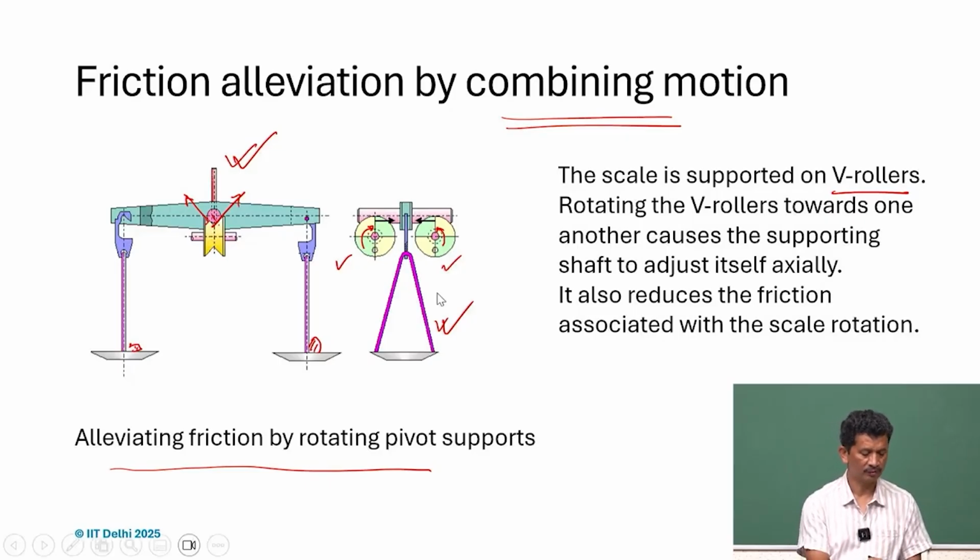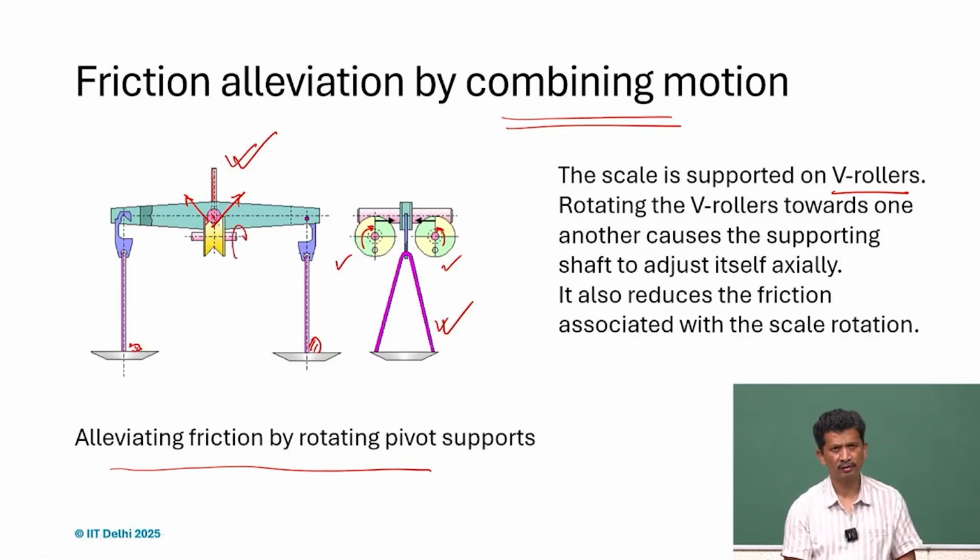So this is the side view, this is the front view, and it is rotating in this way, and there is another one at the back which is rotating in the opposite direction.